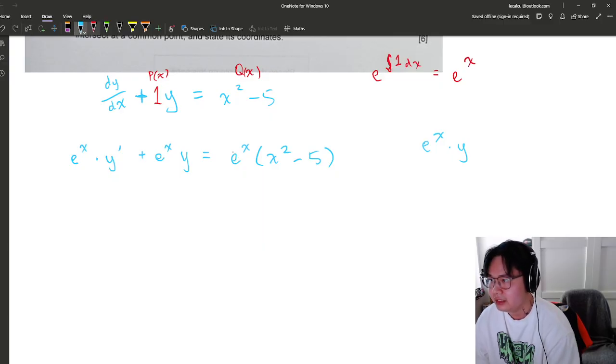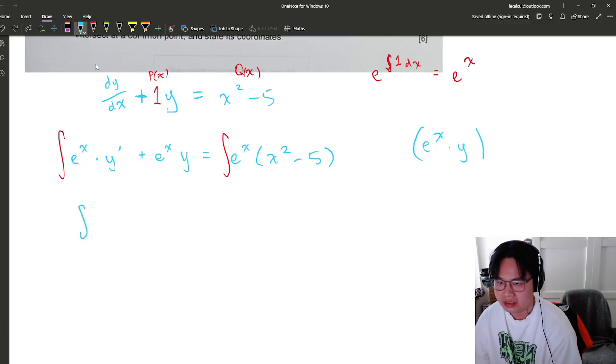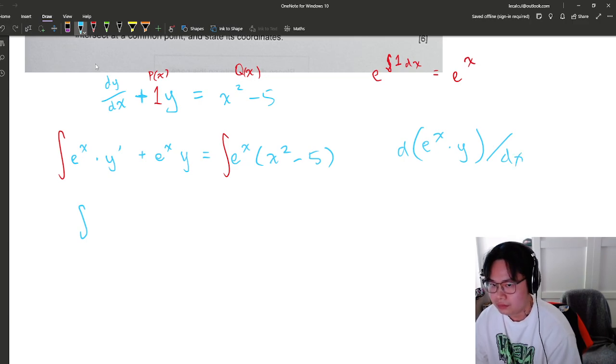So now we integrate both of these, because this is essentially d/dx of e to the x times y.